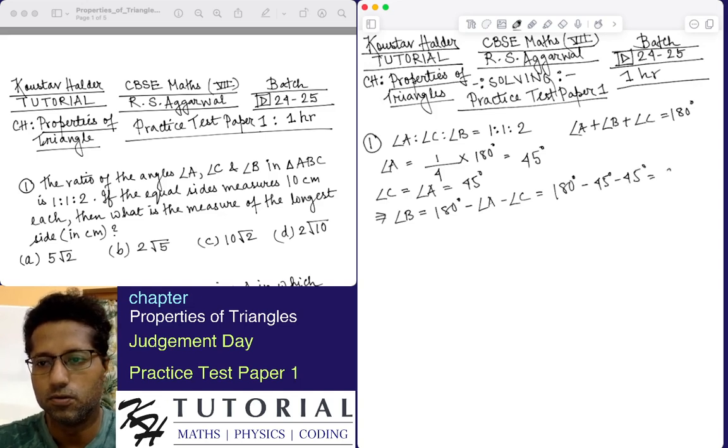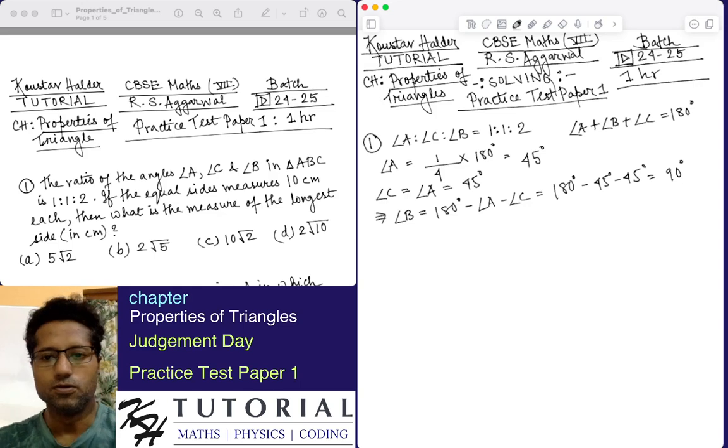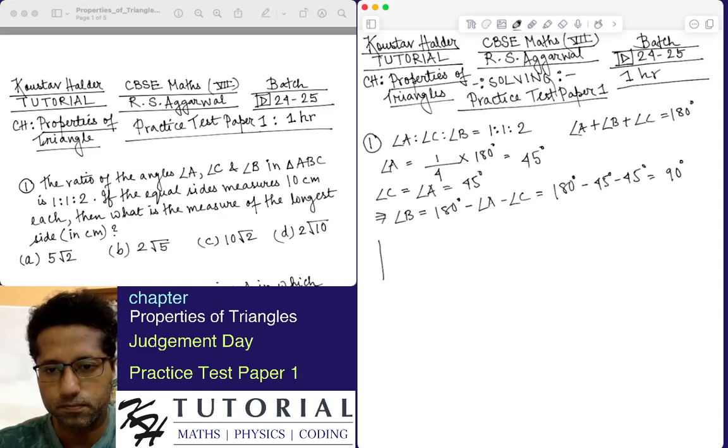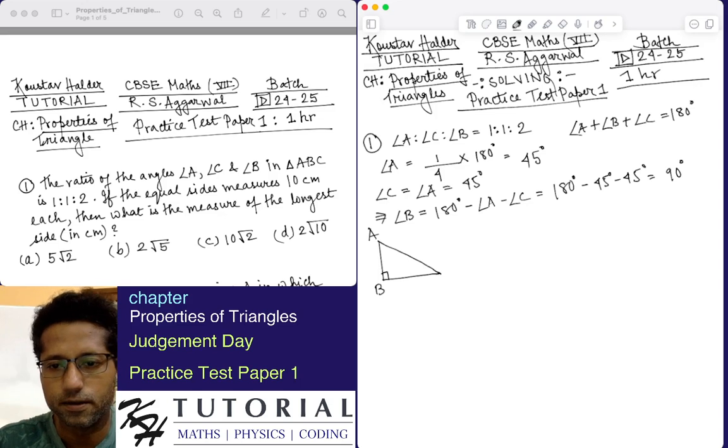This is equal to 90 degree. So we see that the triangle is right angled at B. So the triangle should be like this. Let's say A, this is B, right angled at B, and we have C.